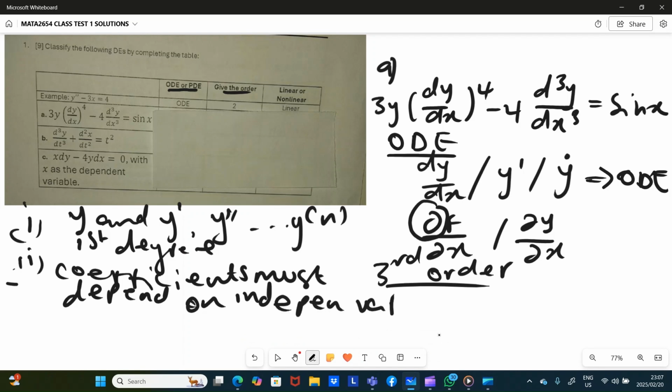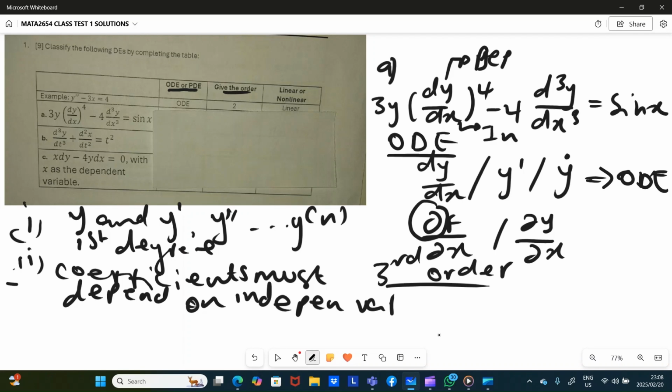In this case, when we have dy/dx, y is our dependent variable and x is our independent variable. We want to check whether y prime is of the first power, as well as y. There is no y in our equation.